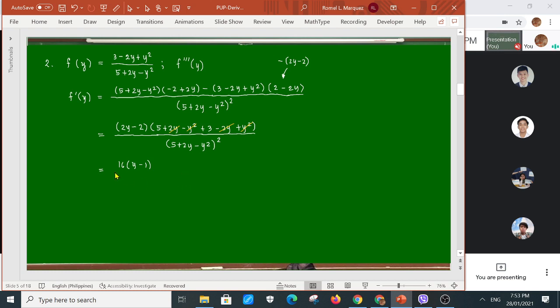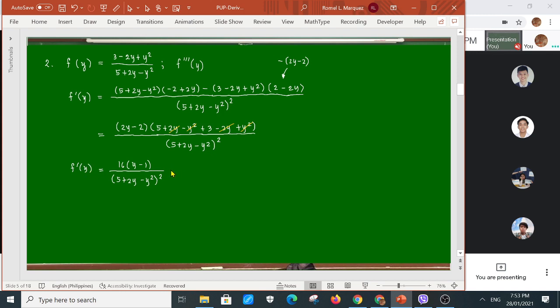All over 5 plus 2y minus y squared quantity squared. Tama ba? 5 plus 3, 8. Then I factored out the 2 here. 8 times 2, 16. So, y minus 1. Okay?